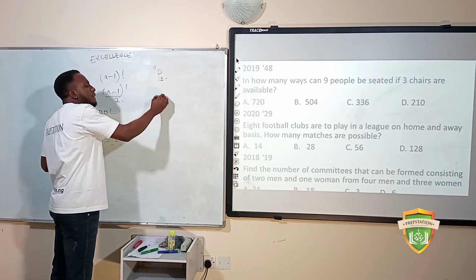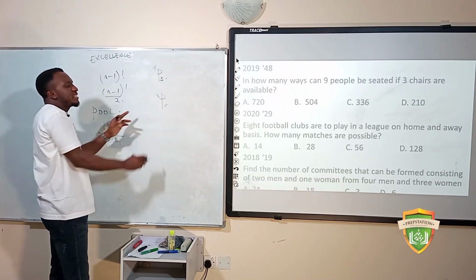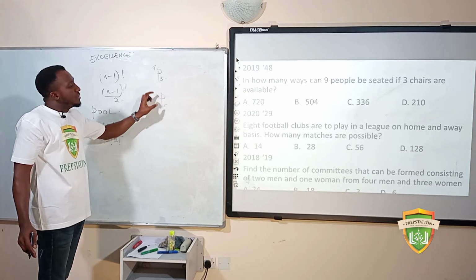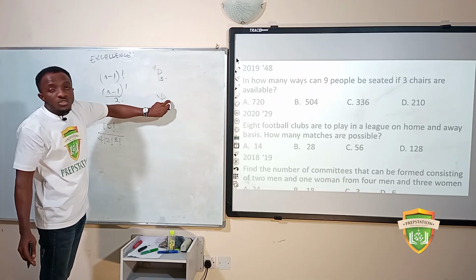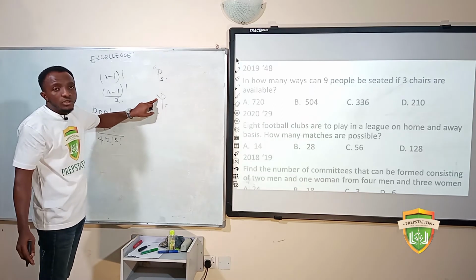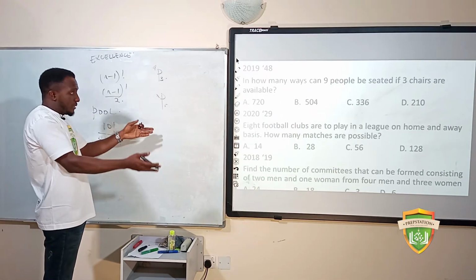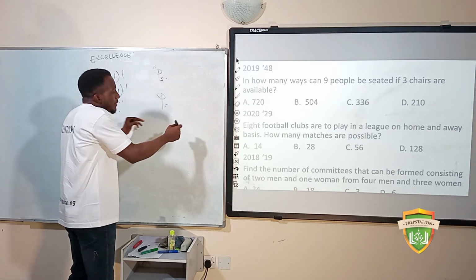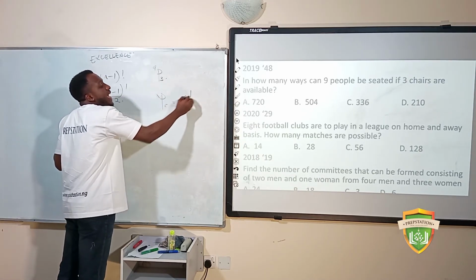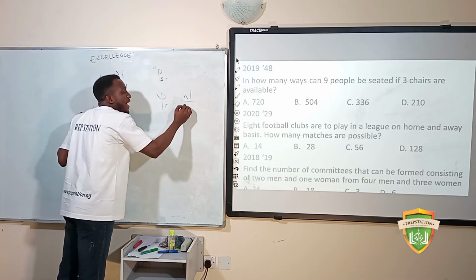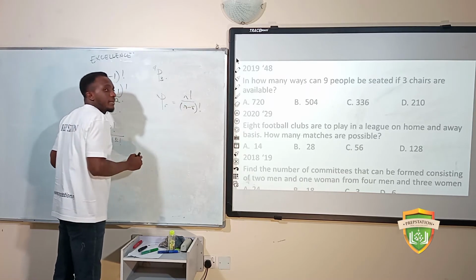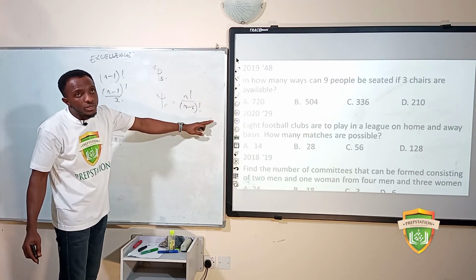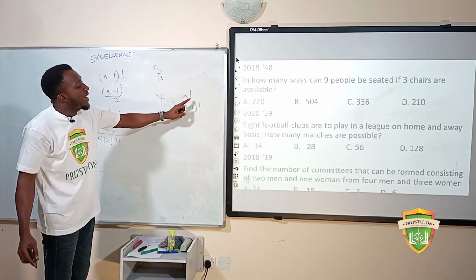Now, if you have nPr, what this means is n permutation r. N stands for the number, and r stands for the number of ways you arrange. How do you arrange n in r ways? Now, this is the formula. It is simply n factorial over n minus r factorial.